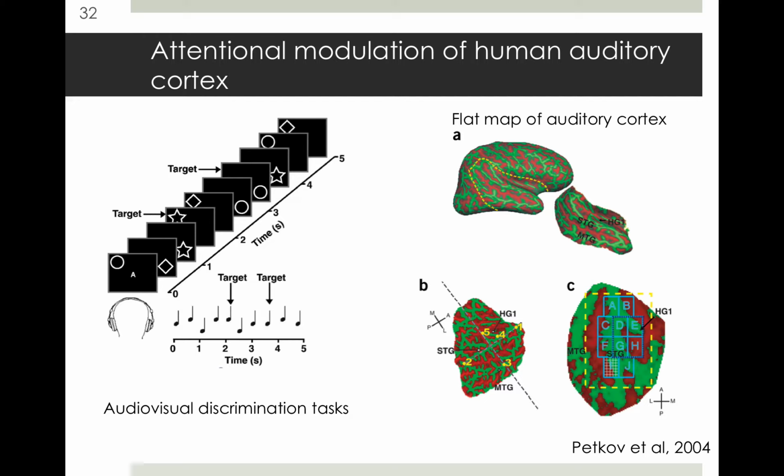These people were given auditory and visual information at the same time, so there are these audio-visual discrimination tasks. But the researchers don't actually care about the visual cortex at all. They only care about the auditory cortex, and they wanted to see whether your auditory activity would differ depending on whether you're paying attention to the auditory modality or to the visual modality.